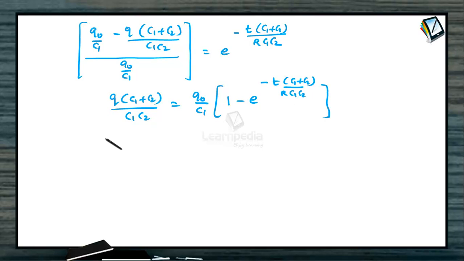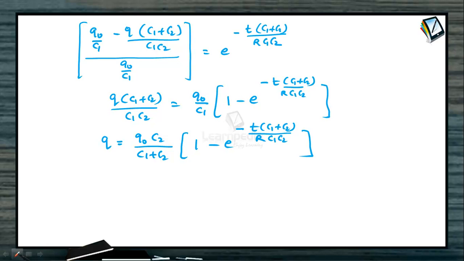So the charge on the capacitor C2 will become Q naught C2 divided by (C1 plus C2) into (1 minus e to the power minus T (C1 plus C2) divided by R C1 C2).